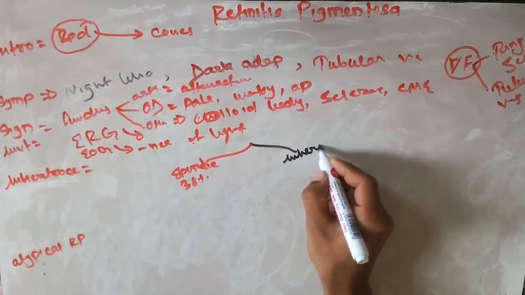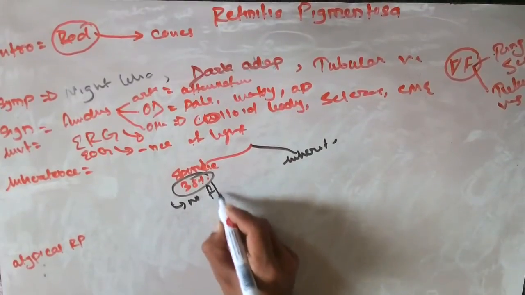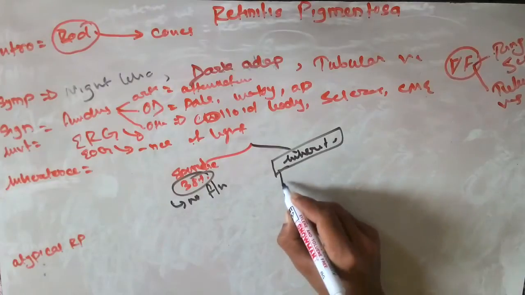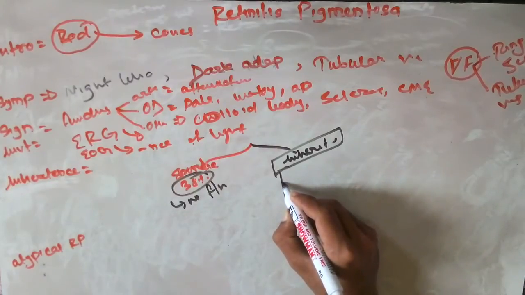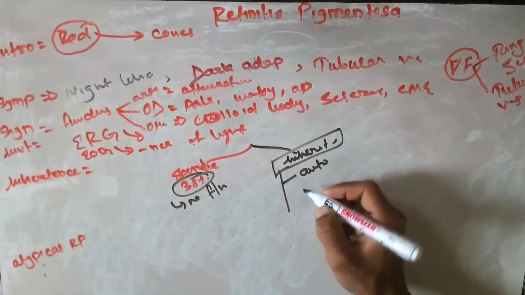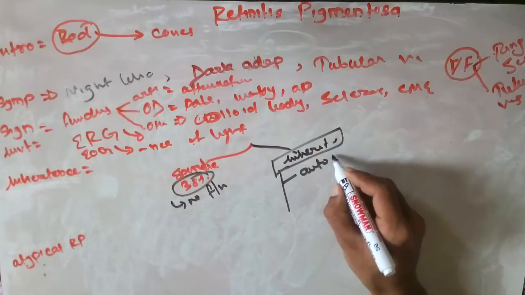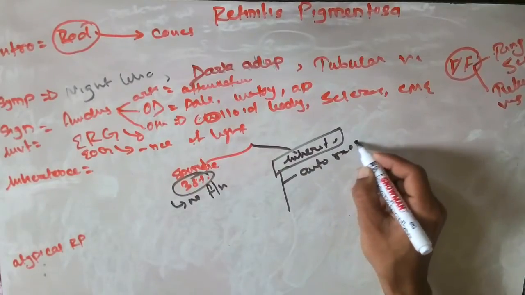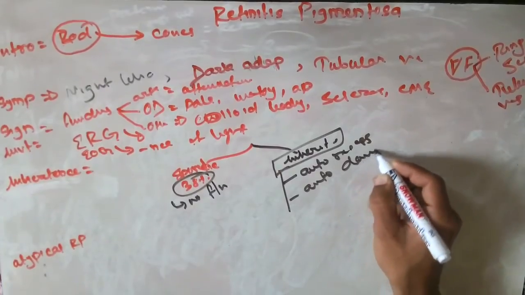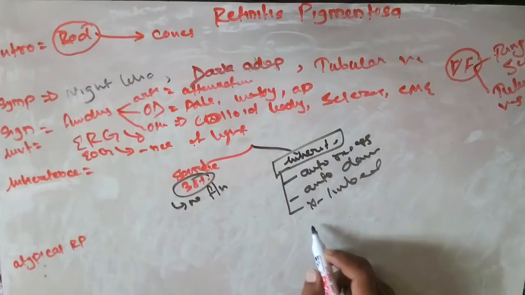What can inherited forms be? Autosomal recessive is the most common, then autosomal dominant, or it can also be X-linked inheritance.